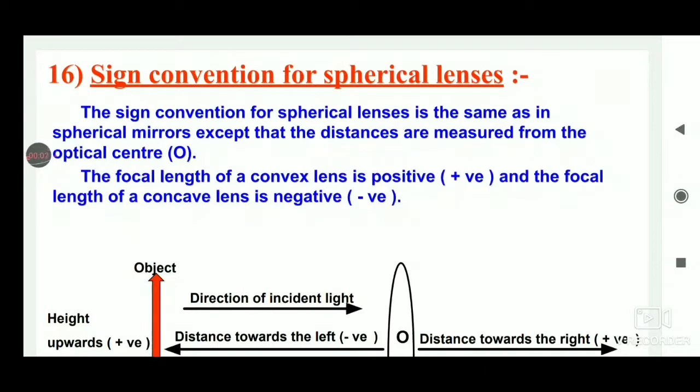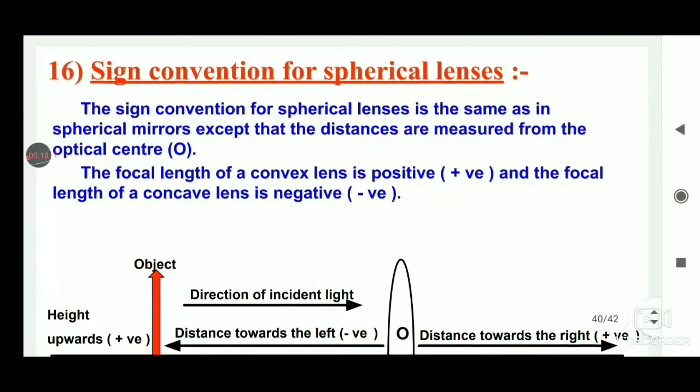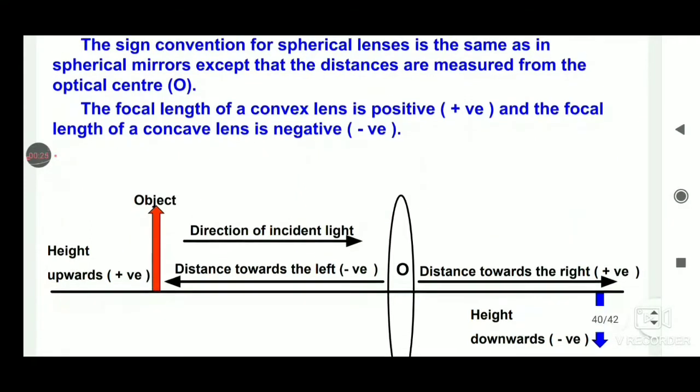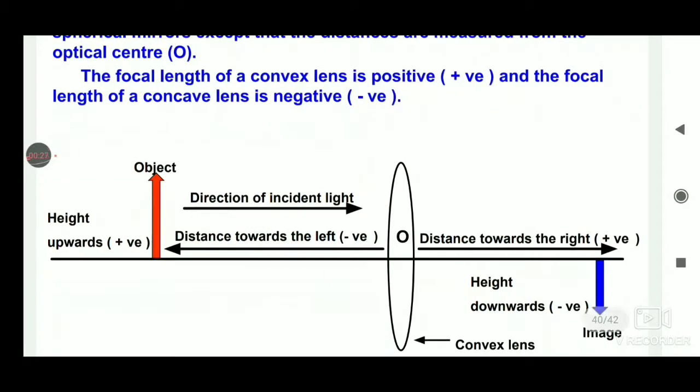Sign convention for spherical lenses is similar as case of the spherical mirrors. The only difference is that in case of the spherical mirrors, we measure the distance from the pole, that is P, and in case of lenses, we measure the distance from the optical center, that is O. And the other rules are same as we have learned in case of spherical mirrors.